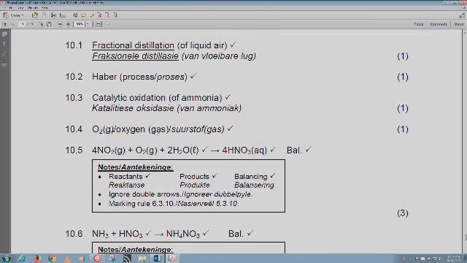The phases may be ignored, so the learner may not include the g or the gas because already it is shown it is a gas. So the learner can just say O2 or oxygen. And colleagues, please, it is not O, because in nature oxygen exists as O2, not as O.